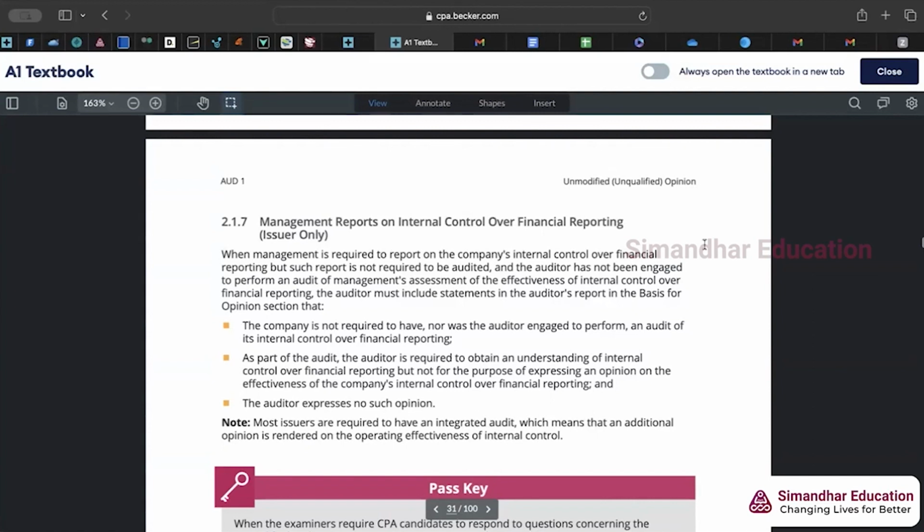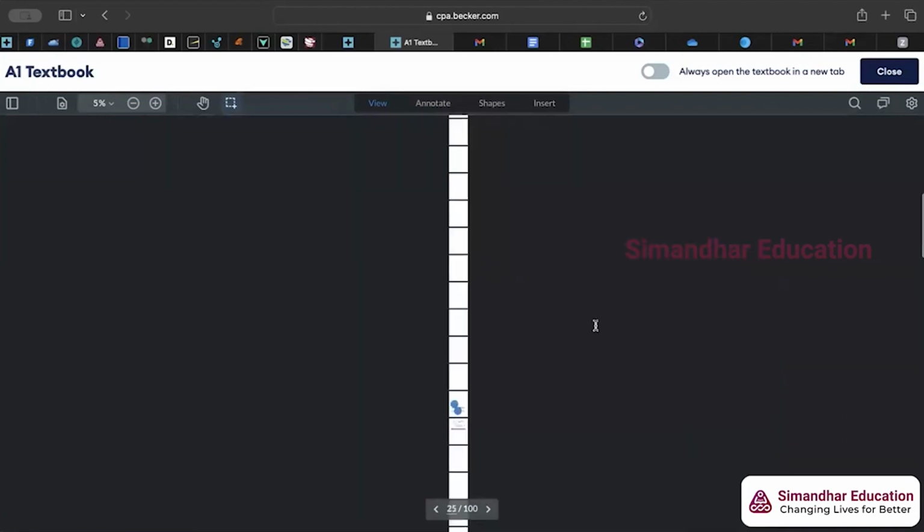When management is required to report on the company's internal controls, but such report is not required to be audited, the auditor should not be engaged to perform an assessment. The auditor must include statements in the auditor's report in the basis of financial statements that the company is not required to have, nor has the auditor been engaged.